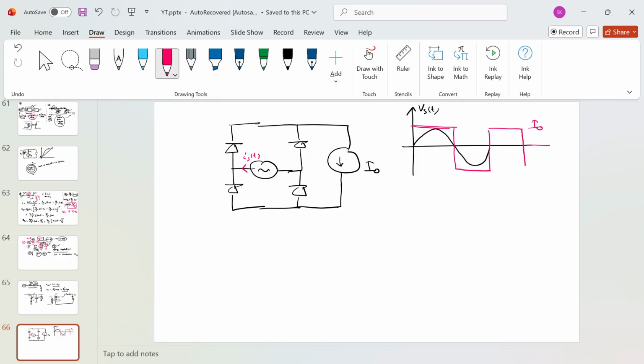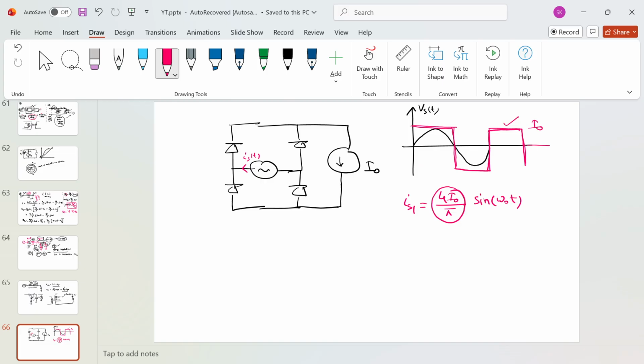See, the source current is not a purely sine wave, it has lots of harmonics associated with it. But since my source is purely sine wave, the active power from the source will be because of the fundamental component of this I naught. That is nothing but, if you see the fundamental component of the source current, 4 I naught by pi sine omega naught t. So this is the fundamental component, and you will get the power because of the fundamental component.